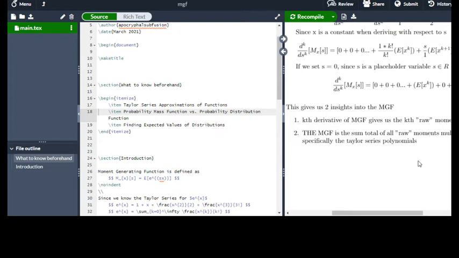So now if we go back to figure out intuitively how people figured this out, I don't know all the history behind it, but people wanted to figure out how to describe statistical distributions. All of them. If we have one distribution, is there a way to compare it to another distribution?